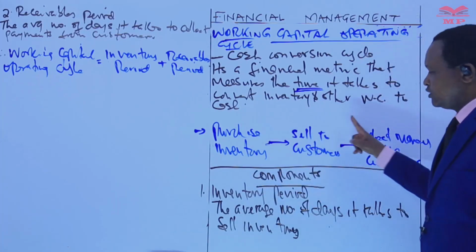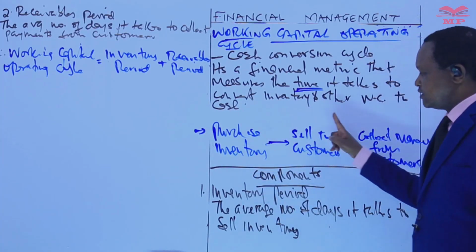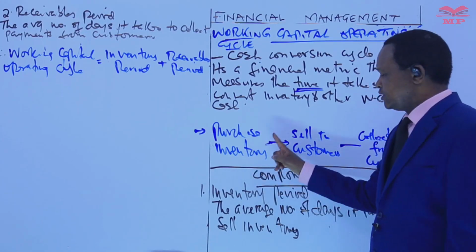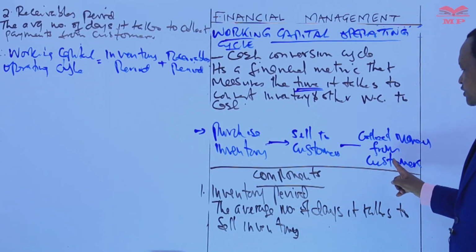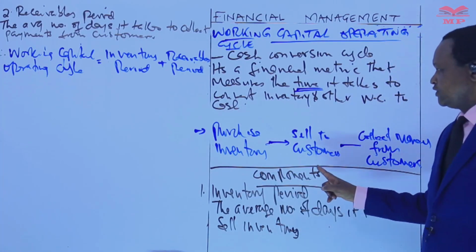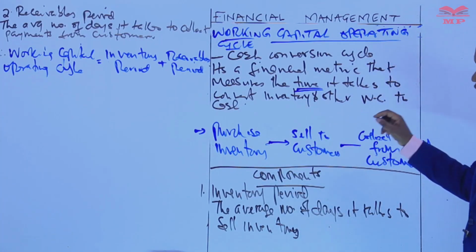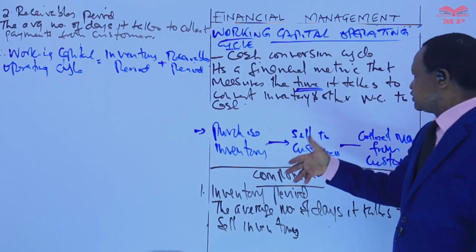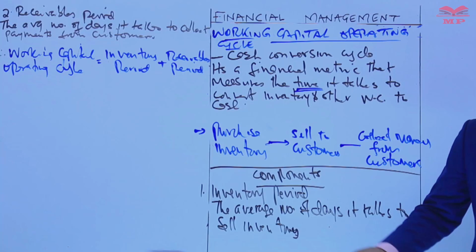And as we'll be seeing later, if this cycle is short, then the company is more efficient and is doing good business. If the period that the company takes to convert inventories into cash is shorter, that is better.